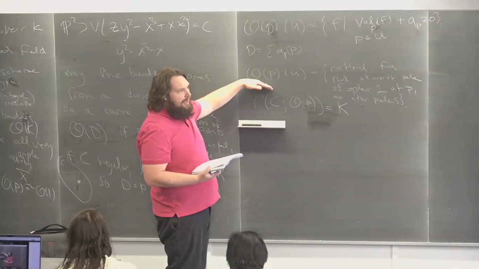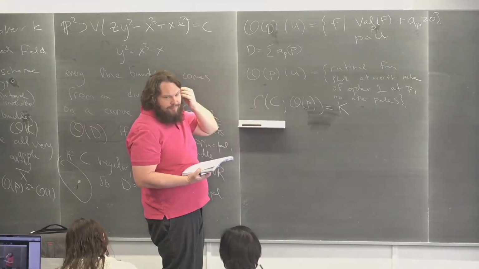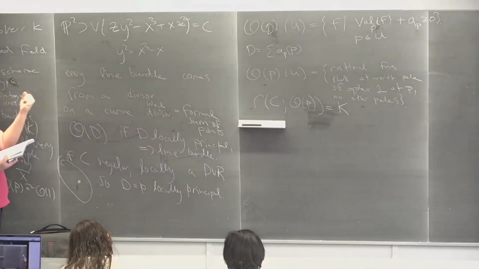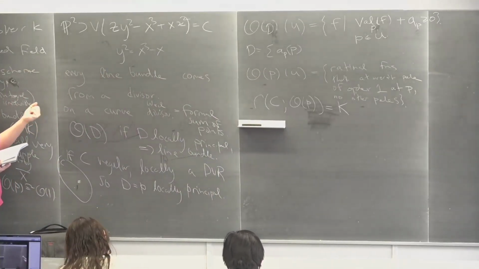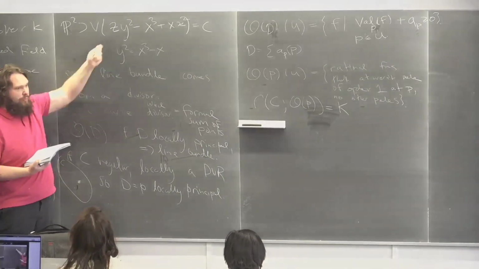But here, if I take a linear function, it's going to have generically 3 zeros. And this is where I get into trouble, because if I try to put all the zeros of a linear function at one point, it will vanish to order 3 on this curve because this is a cubic equation.